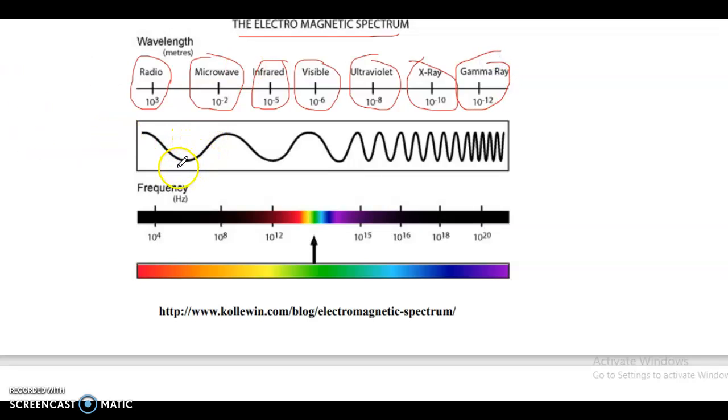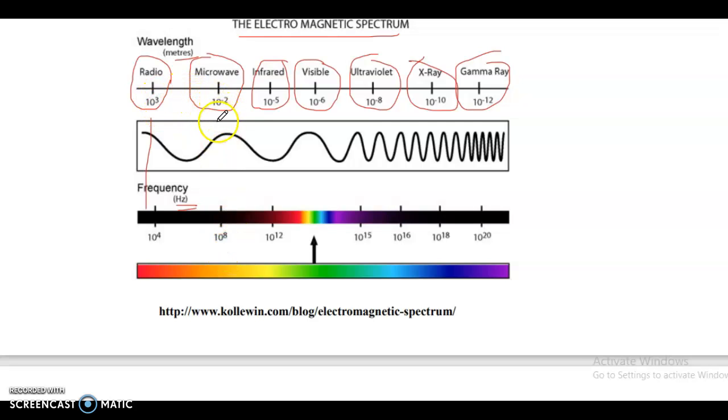Here the frequency, 10 power 4, in hertz. This is meters, 10 power 3 meters.